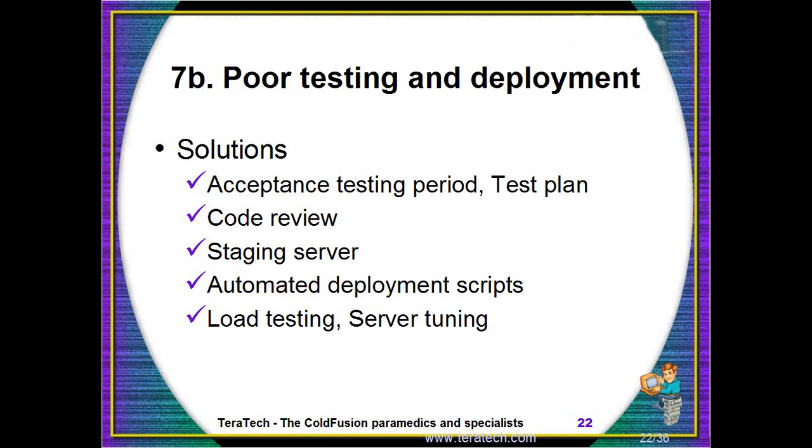First of all, it makes sense to me that you have a formal acceptance testing period where you spend a couple of weeks or maybe a month, depending on the size of the project, where you've finished development, you haven't deployed that version to live yet, but you're going through your test plan and beta testers are trying it out and you're fixing any issues that come up rather than just throwing the code into live straight away.